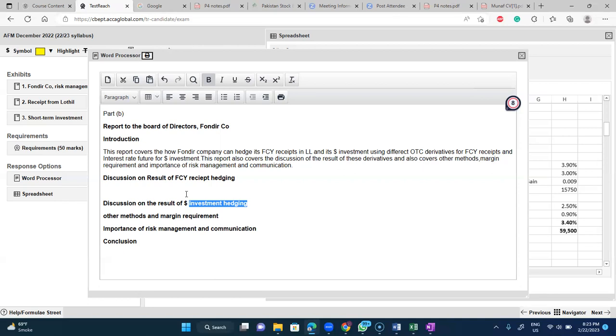So they will remain attached with you. That's the benefit of communication, guys. And then obviously at the end, you will write the conclusion. That's how you will write the report.